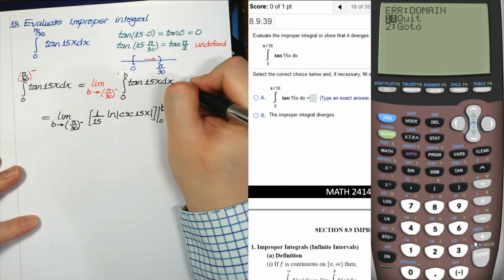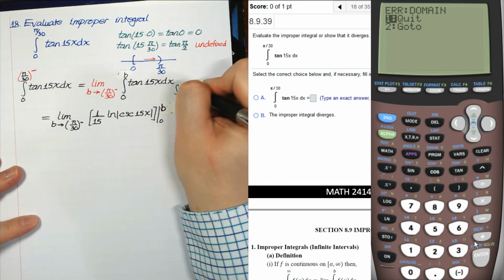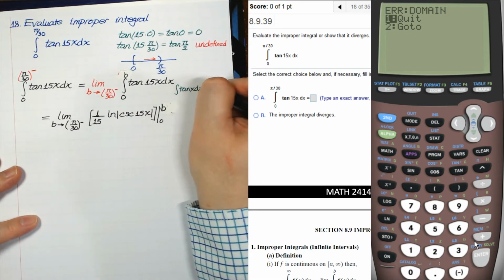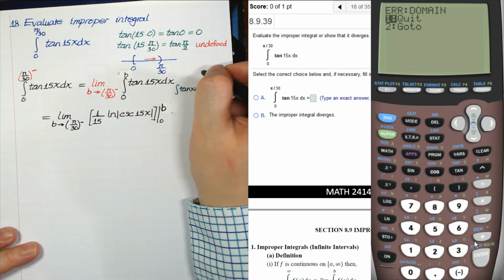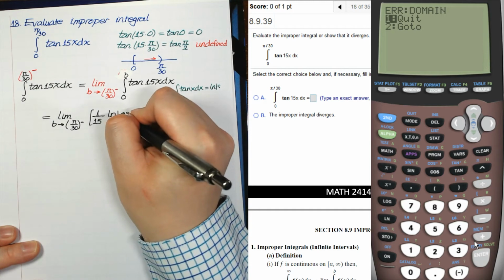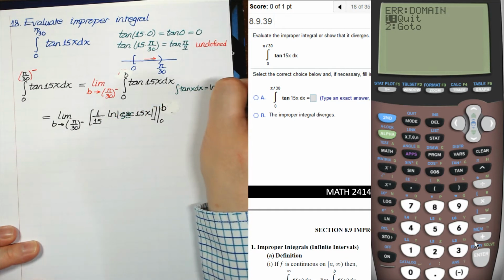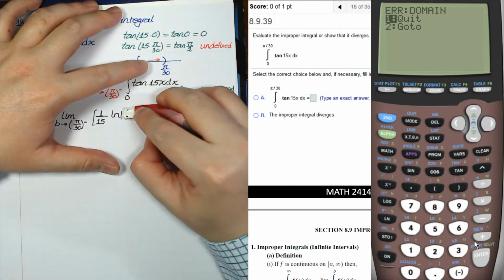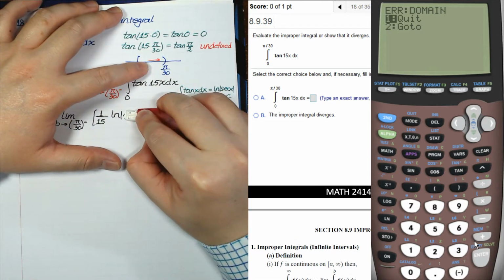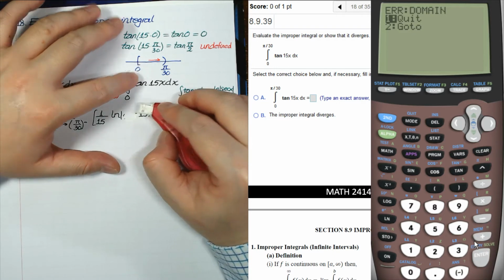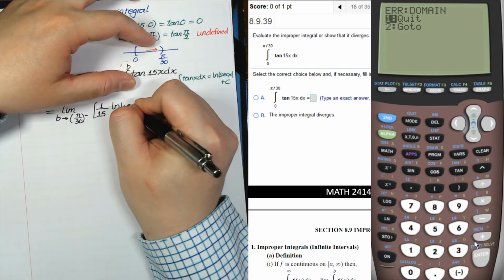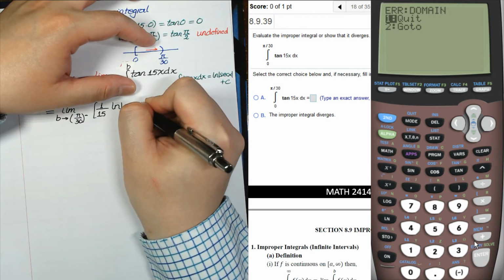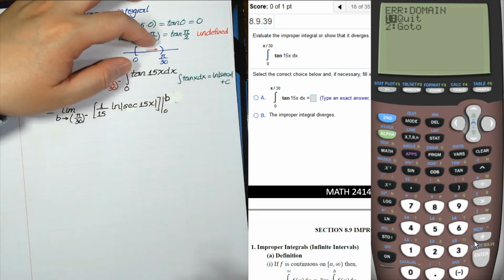Should write tangent is ln of secant, right.